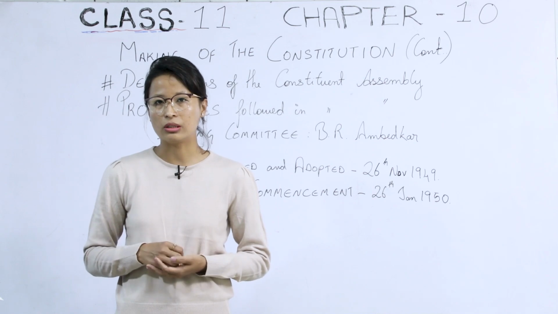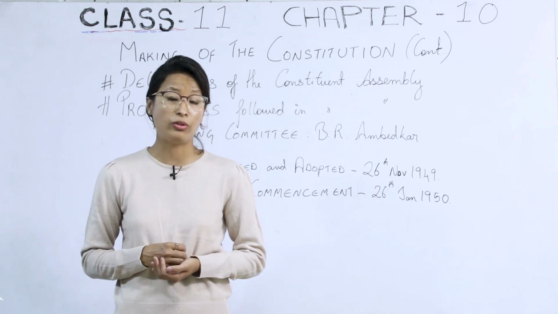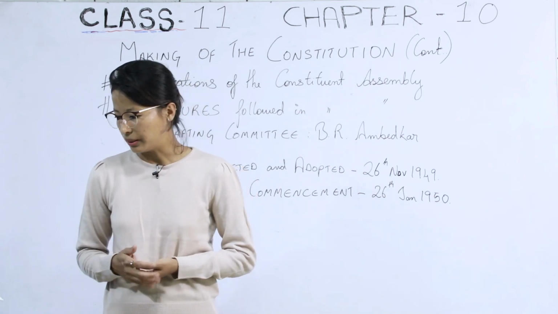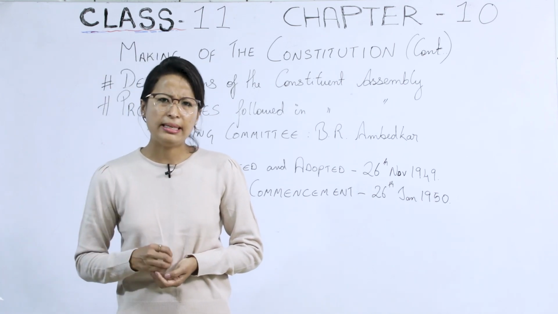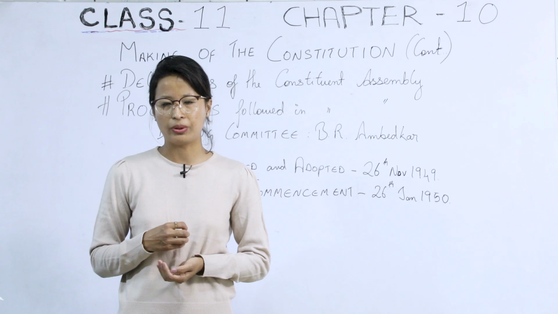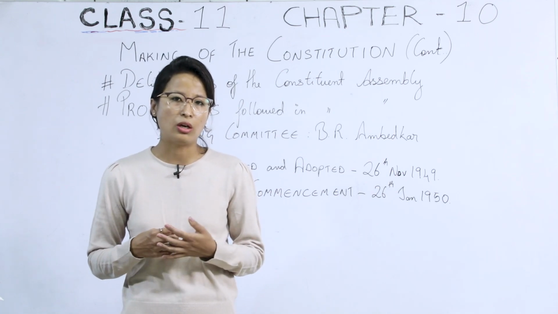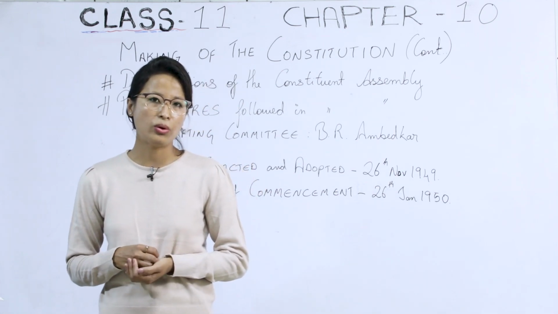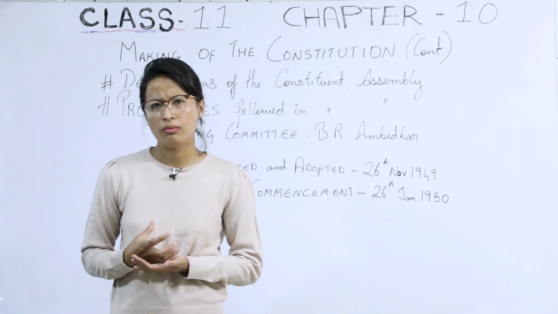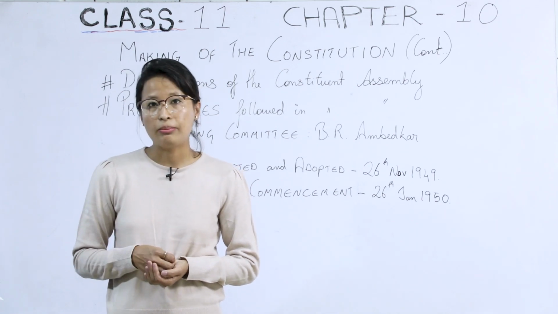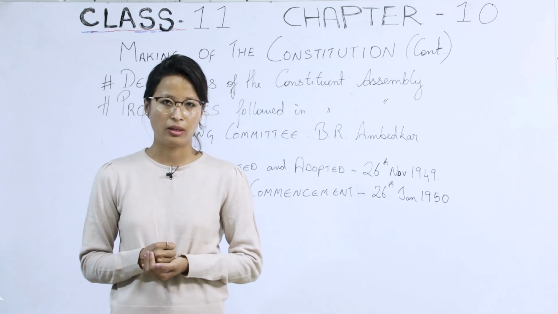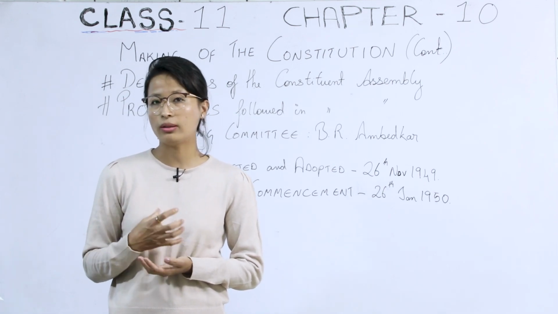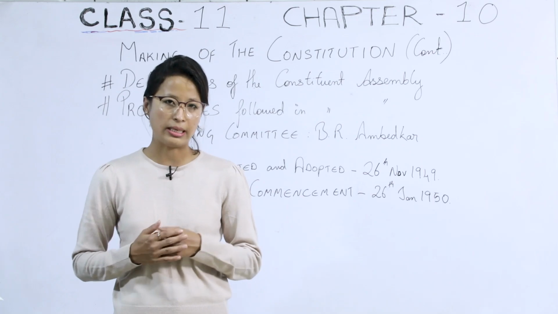There were a lot of discussions and debates, and different views were given. Questions were raised on whether India should have a centralized parliamentary form of government, or follow the panchayati-based system, the Gandhian style of government. That was the first question raised: what type of government would India follow?